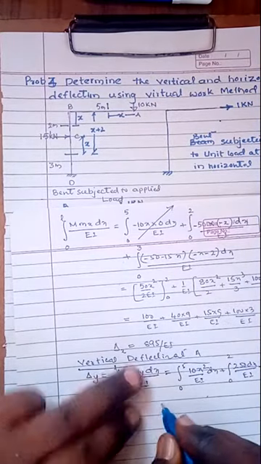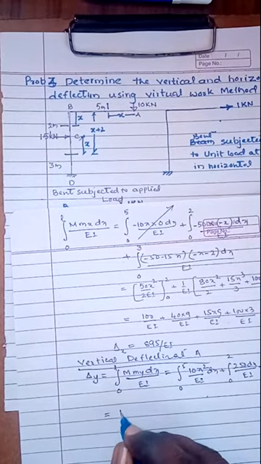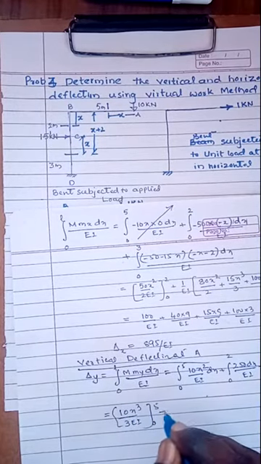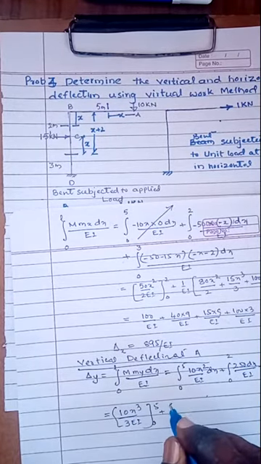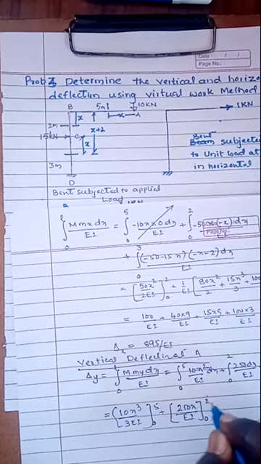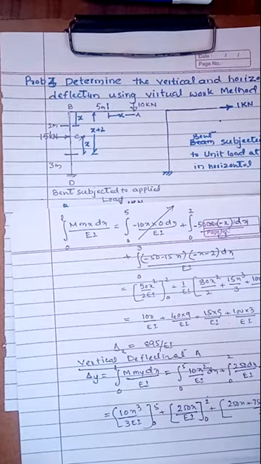Then if you integrate and simplify, integration of x square is x cube by 3, with limits 0 to 5, plus for the second portion, integration of 250 is 250x by EI. For the third portion, integration of 250 is 250x, plus integration of 75x is x square by 2. The limits are 0 to 3, 1 over EI.